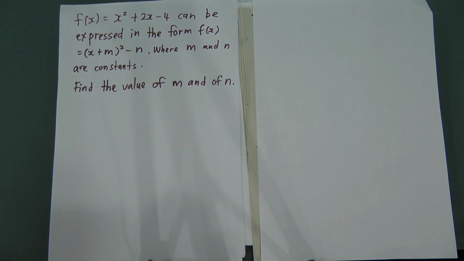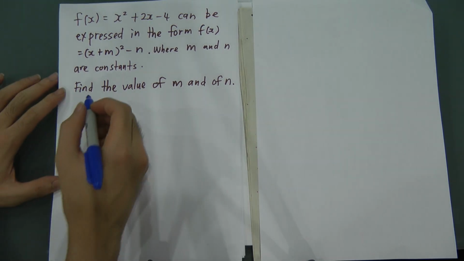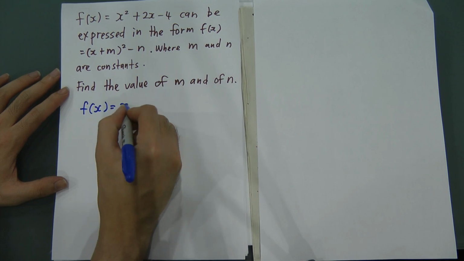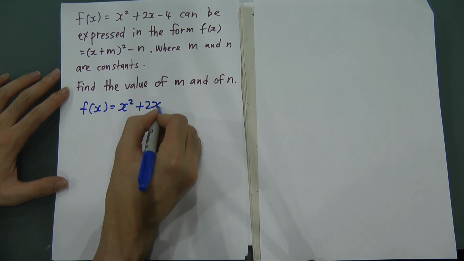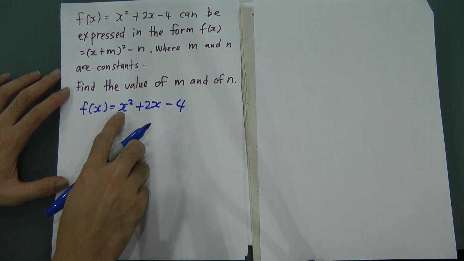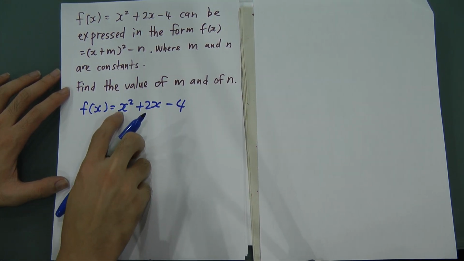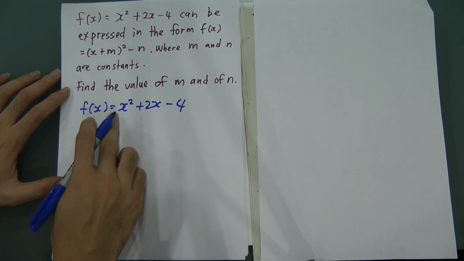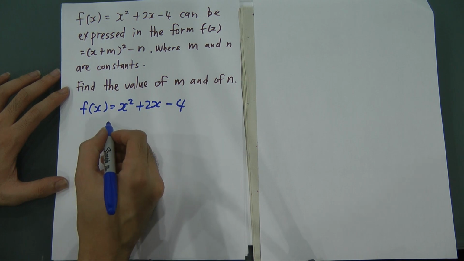Okay, so how do we change it? Normally we just write out everything here. f(x) equals x squared plus 2x minus 4. Then we have to make sure the x squared here is positive 1. If it's negative 1, then you have to take out the negative for both. Now it's positive 1, so it's very simple.